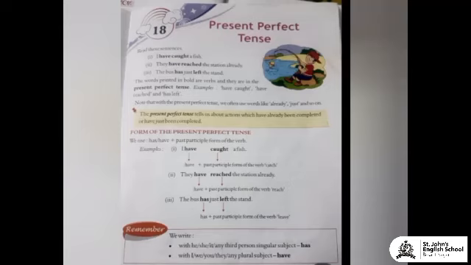The bus has just left the stand. So here the sentence is in present perfect tense. You are using has plus left, that is past participle form of the verb. The bus has just left the stand, that is in present perfect tense.